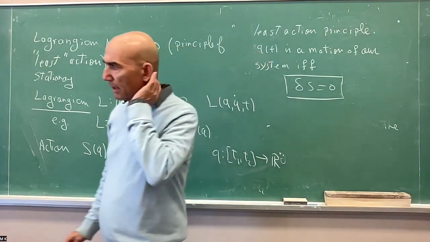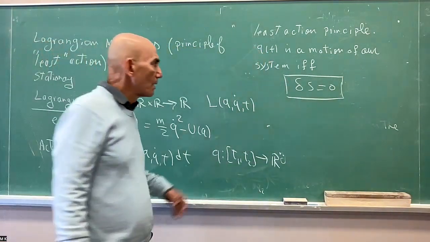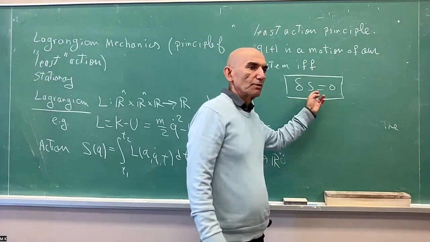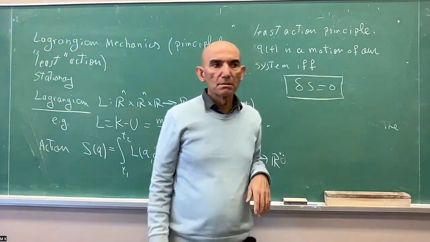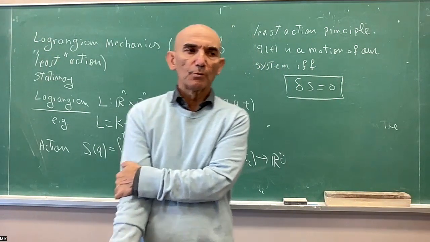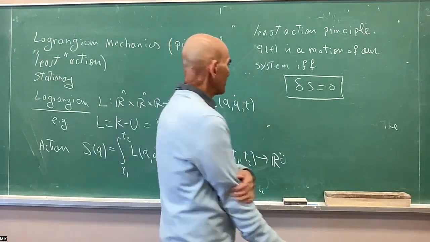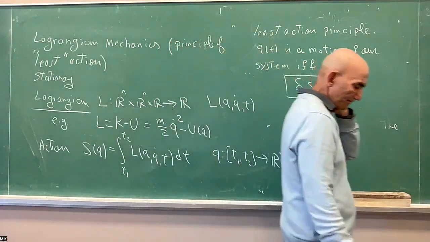Again, this is physics notation. You have seen this also in random matrix theory literature in many places. Delta of S equals 0.